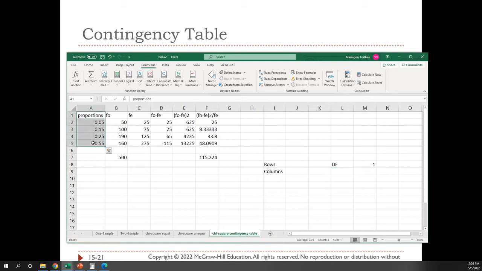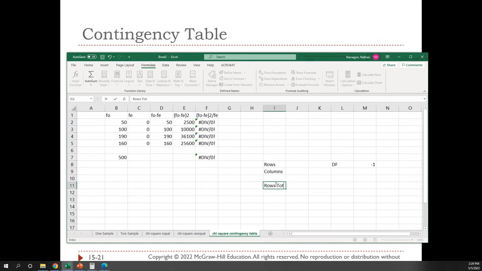Here, we don't need this anymore. Don't have proportions. Our FE, again, we'll have to put these in, will equal rows total times column total and grand total.